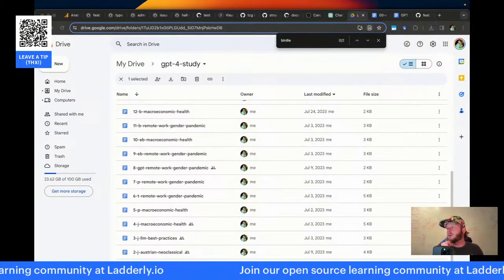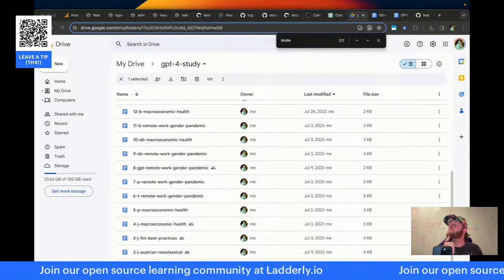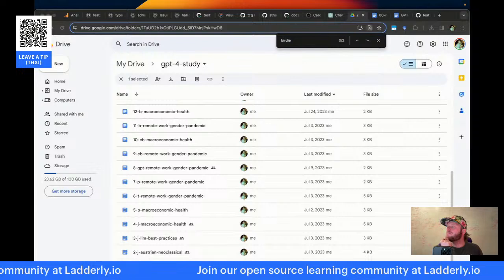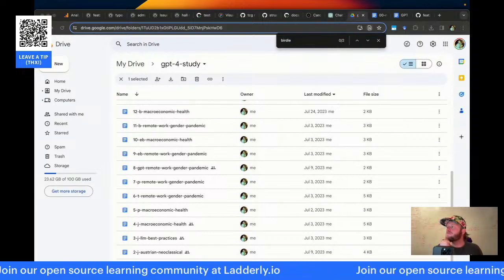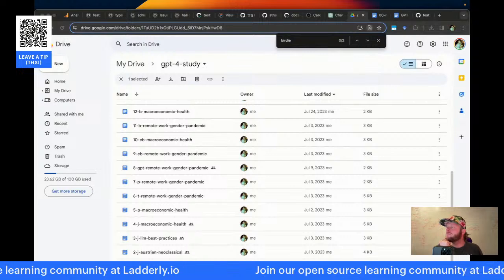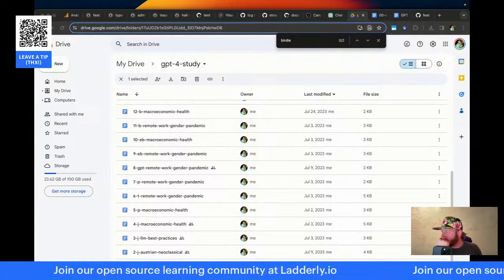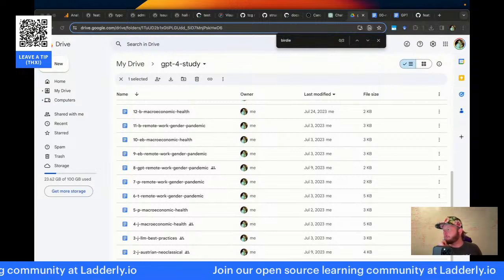GPT-4 author should be unspecified education. Okay, they have two. One is a PhD student. So these are PhD student level.